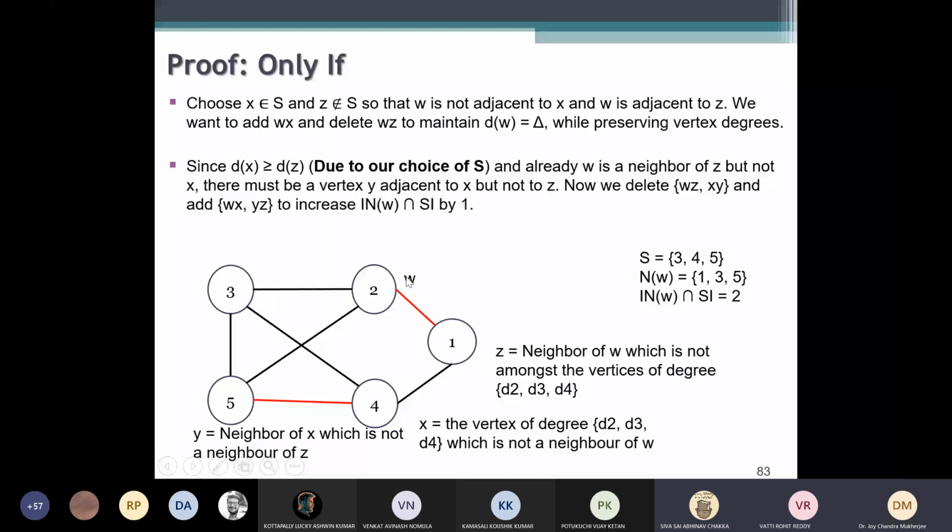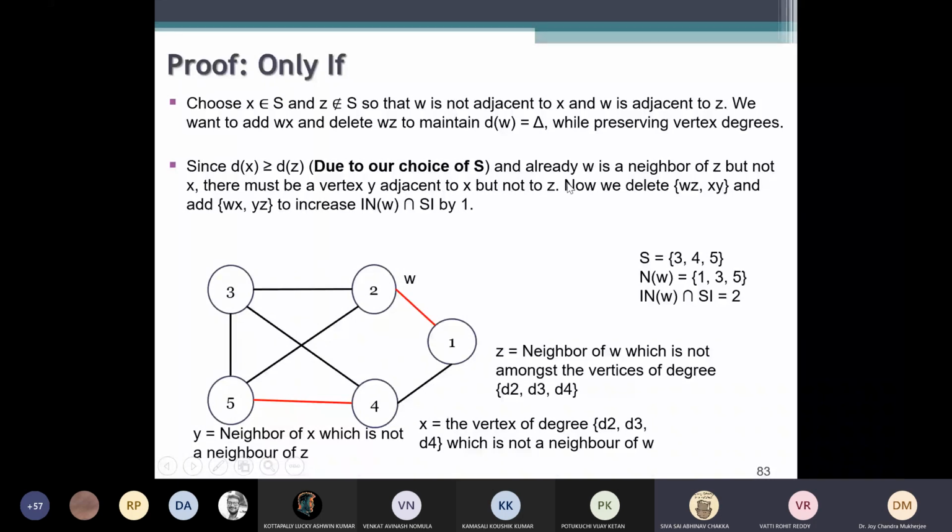Because it has less degree. Since the degree of x is greater than or equal to the degree of z, and already W is a neighbor of z, but not x, there must be a vertex y adjacent to x, and which is not adjacent to z.